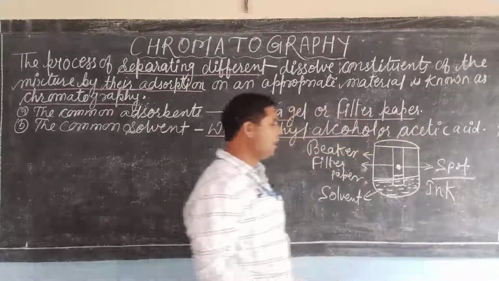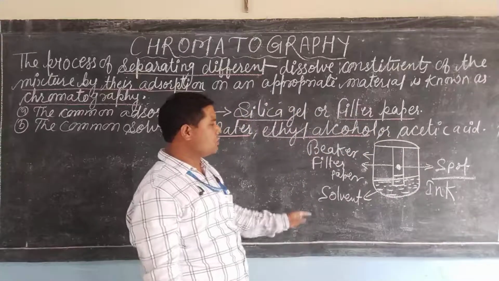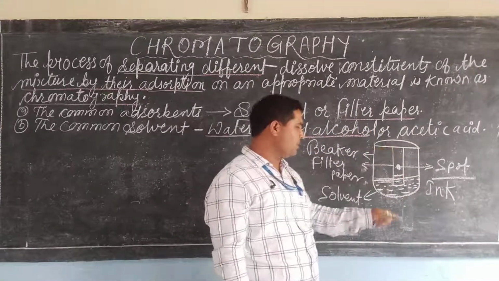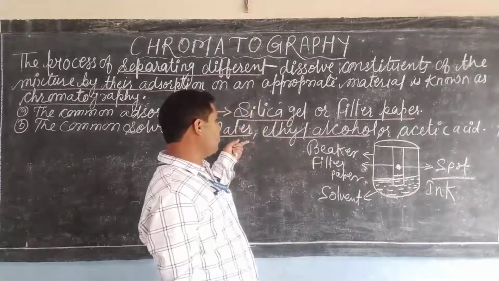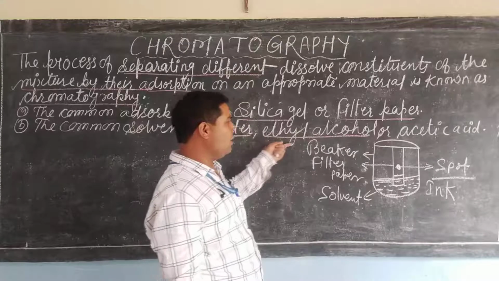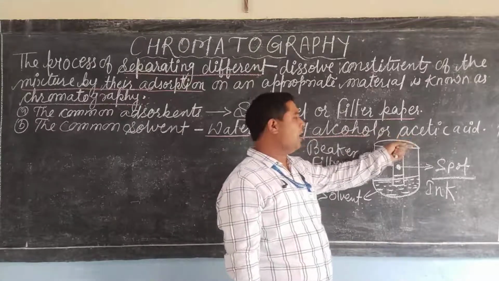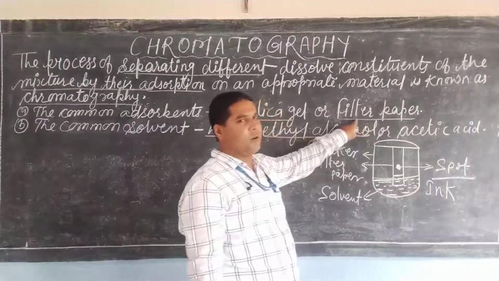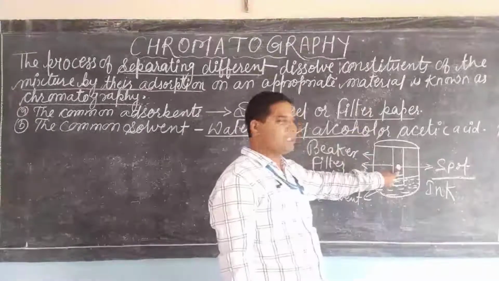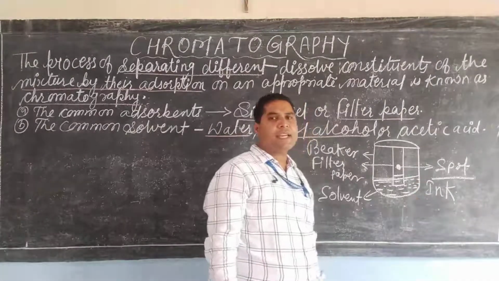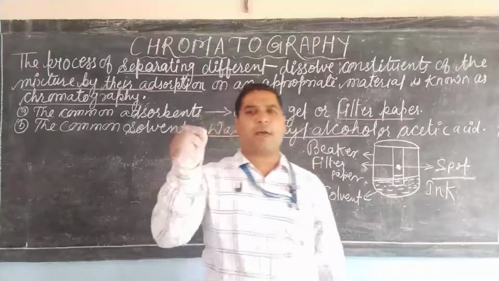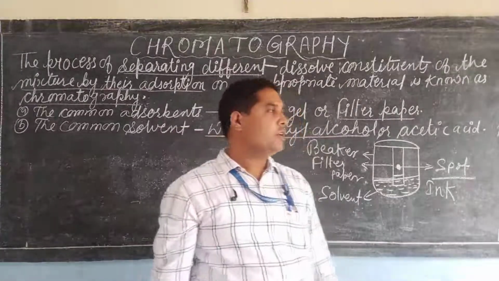So dear student, here you see this is the arrangement in which the solvent, either water, ethyl alcohol, or acetic acid, is used, and here we have placed a filter paper in which the spot is that of the ink. Ink consists of different types of colors.